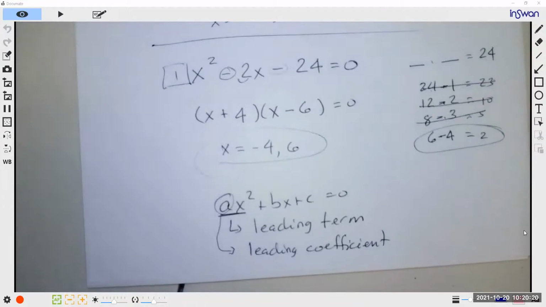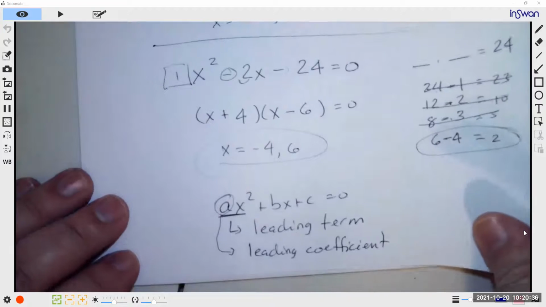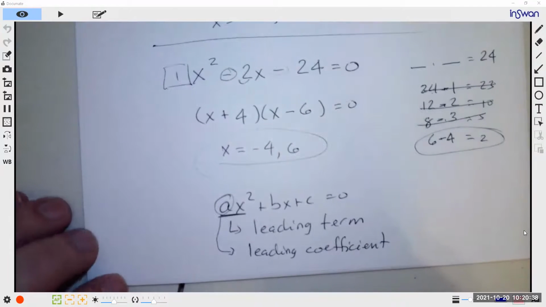Once you understand the terminology, the phraseology here, it makes it a lot easier. Leading coefficient, leading term. Gotcha. So that's with leading coefficient equals 1.